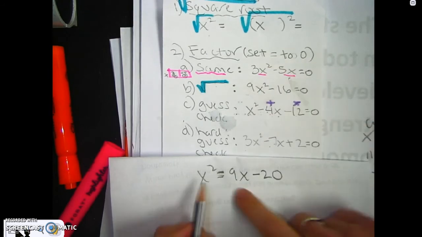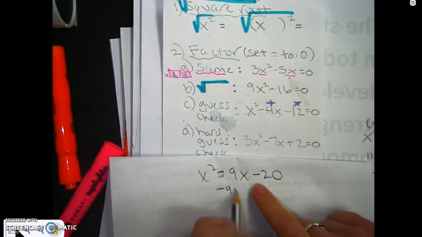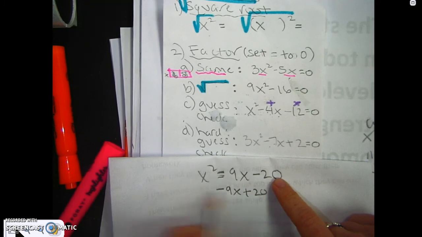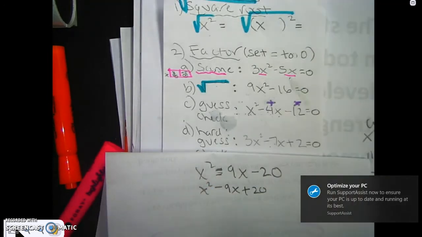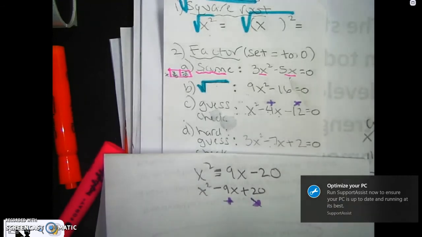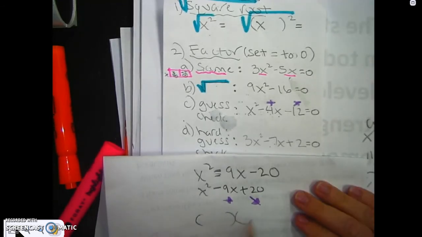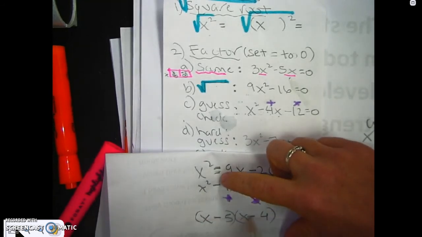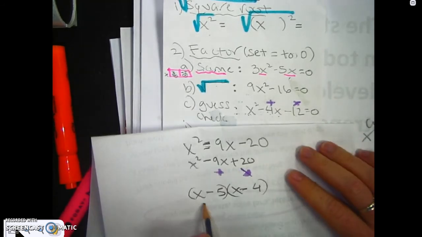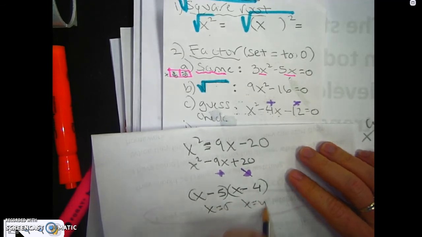Set everything equal to 0. So I move this over by doing the opposite, I move this over by doing the opposite. And now I find numbers that multiply to get 20 and add to get negative 9. And 5 times 4 gives me 20, and two negatives make a positive. So x equals 5 and x equals 4.